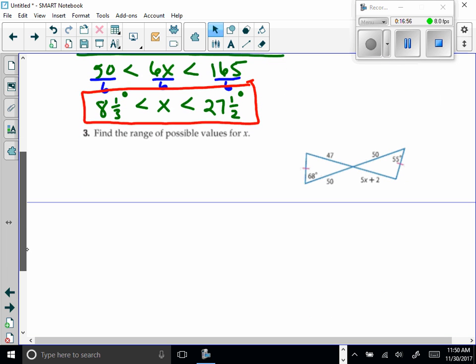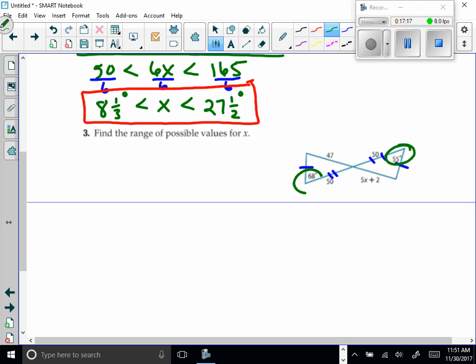And then the last one here, find the range of possible values for x. So this time our values come from the sides of the triangle, and we can see that we have two pairs of congruent sides. We have one here and then the 50s here. And so we're looking at the 50-degree angle and the 68-degree angle.